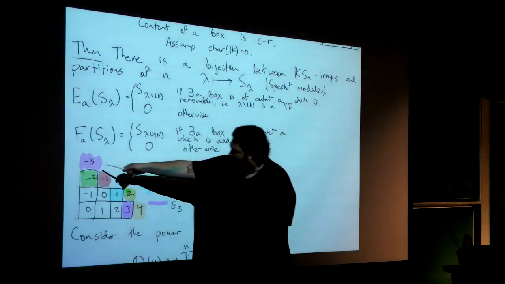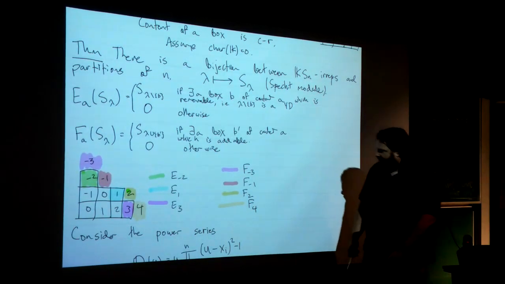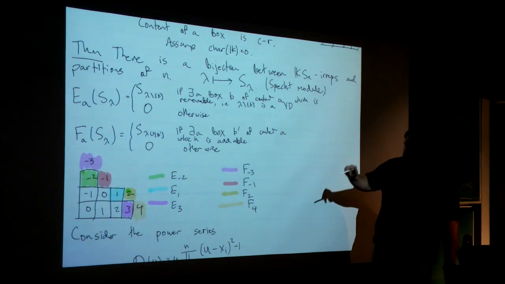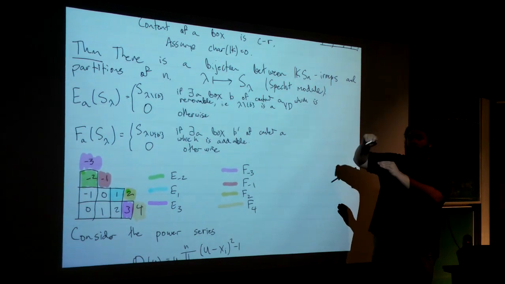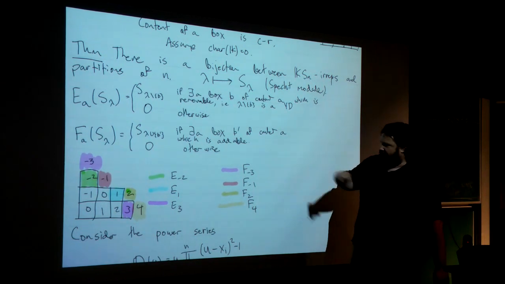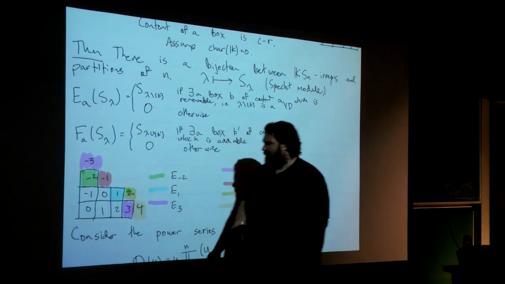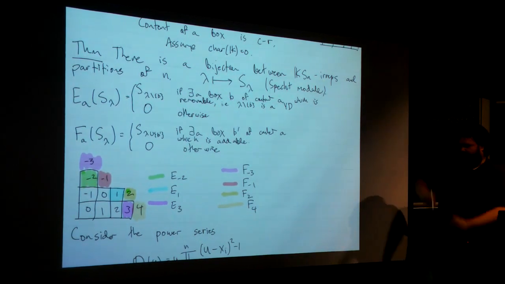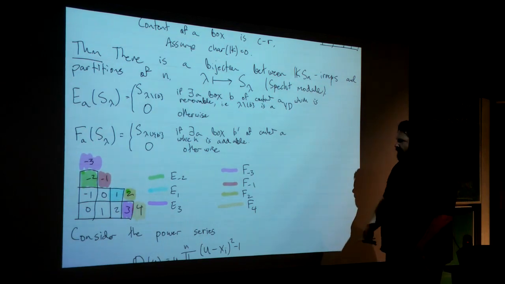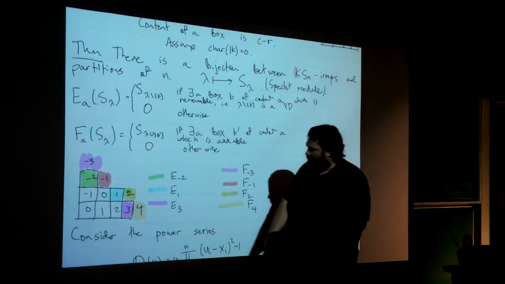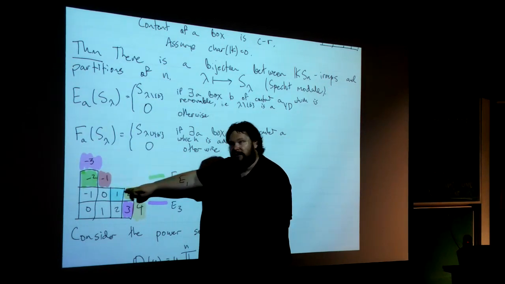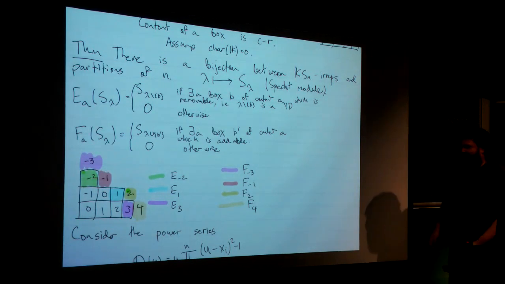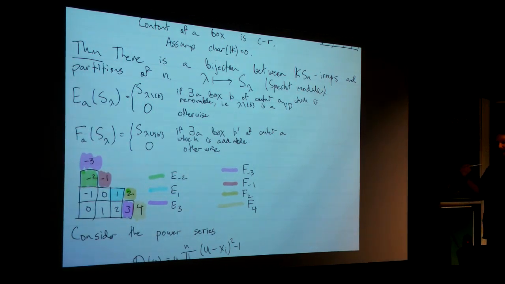Here I have an addable box of content -3. So when I do F of -3, it's going to send the Specht module for 431 to 4311. And if I do F of -1, there's an addable box of content -1, so it sends 431 to 432. On the other hand, if I did F of 0, I would be trying to add a box of content 0, and I would say, well, shoot, I can't do that. There's no addable box there, so that means that F of 0 acts by 0.